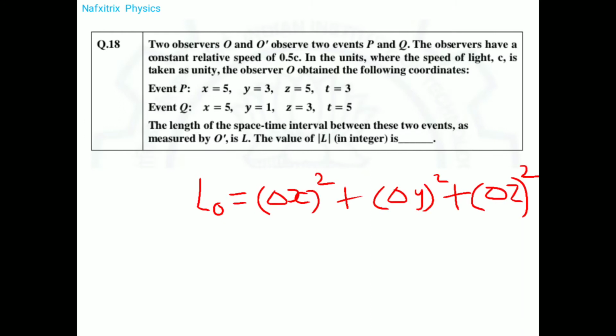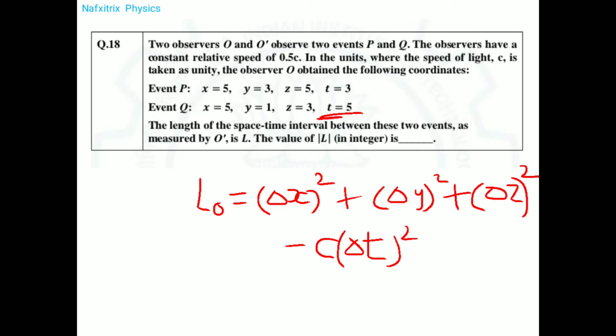And finally, as this is a space-time interval, the time coordinate is also there, so minus c delta t whole square. Because c into t has the dimensions of length.